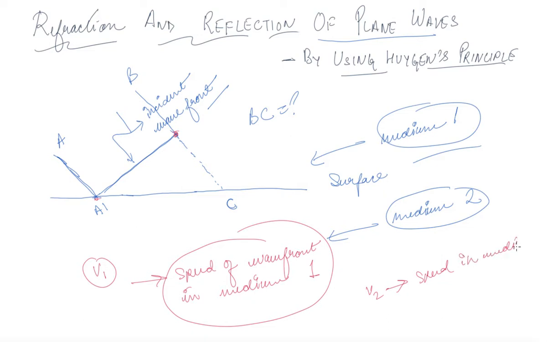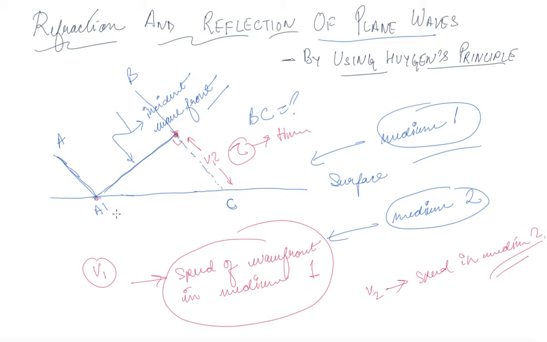Now let the time taken for this wavefront to reach here be time tau. So the distance is given by speed into time. This particular distance is v1 into tau, and this makes an angle of 90 degrees.